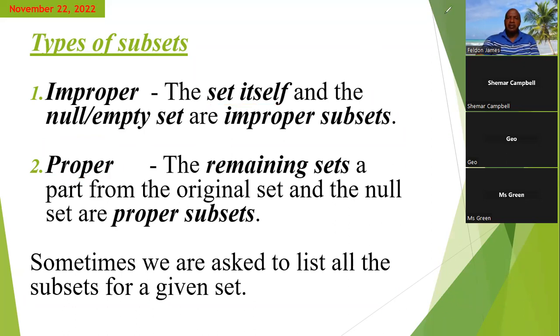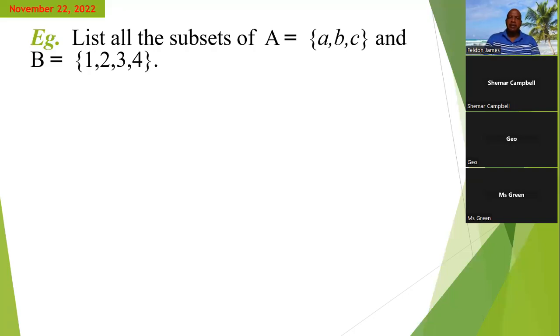All right, so sometimes we are asked to list all the subsets of a given set. For example, you have the set A, which is {A, B, C}, and then you have the set B, which is {1, 2, 3}.